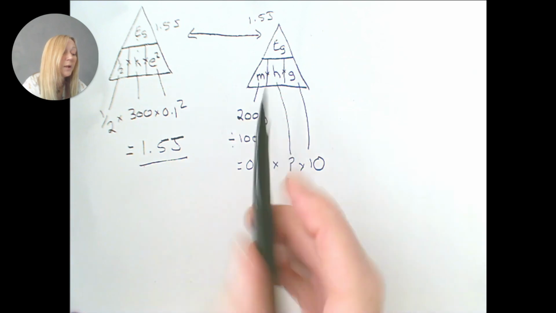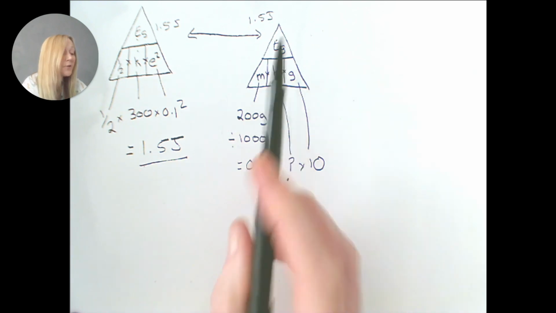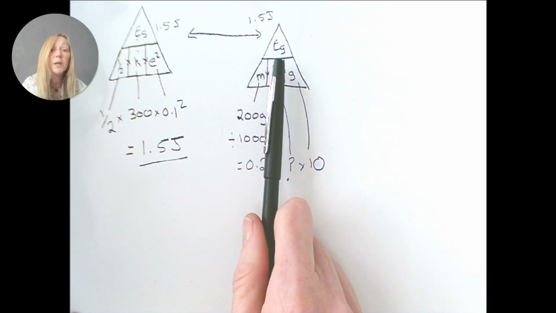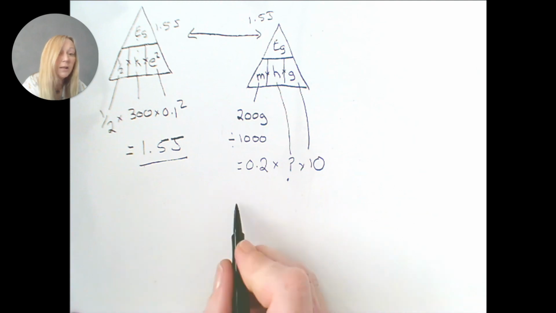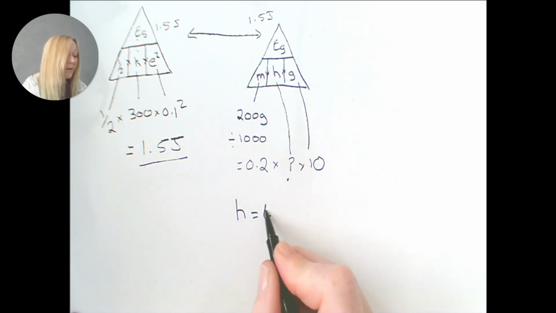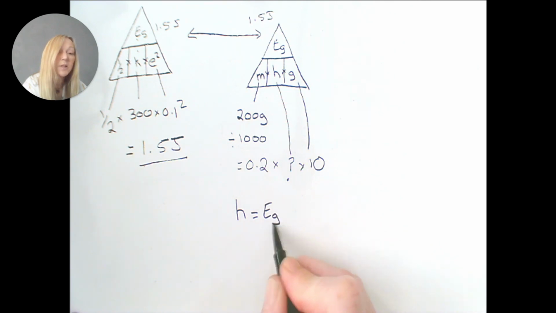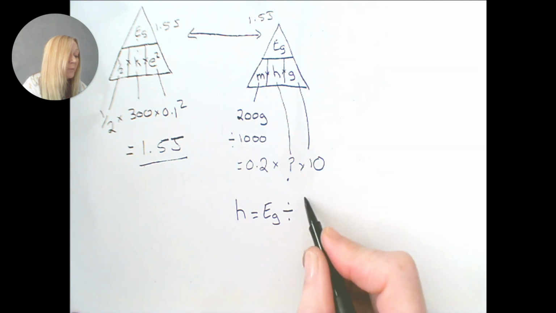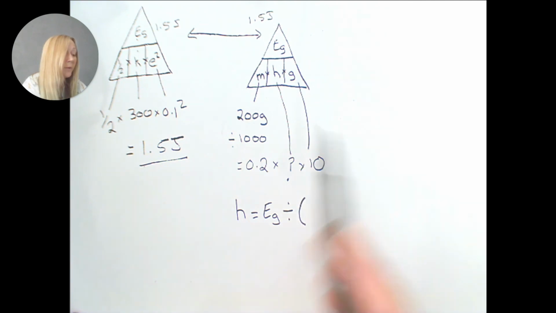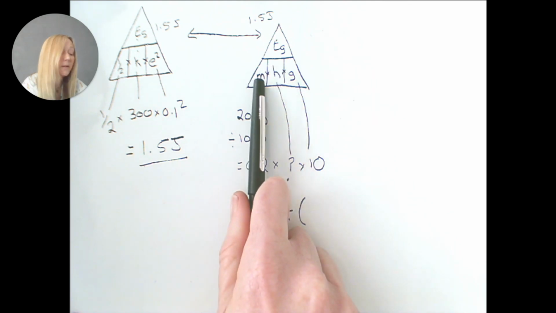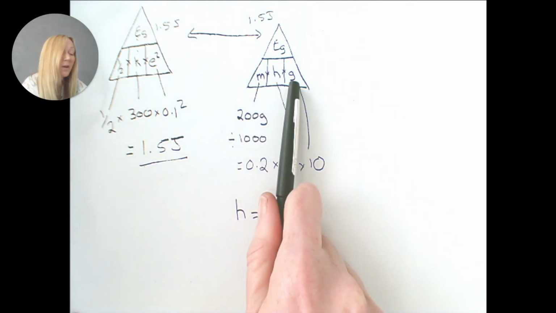So we now have everything we need to work out the height. If we cover the height, we can rearrange the equation. So we cover the height, we get height equals the gravitational potential energy divided by, and here we need to remember to use our brackets, mass times gravity.